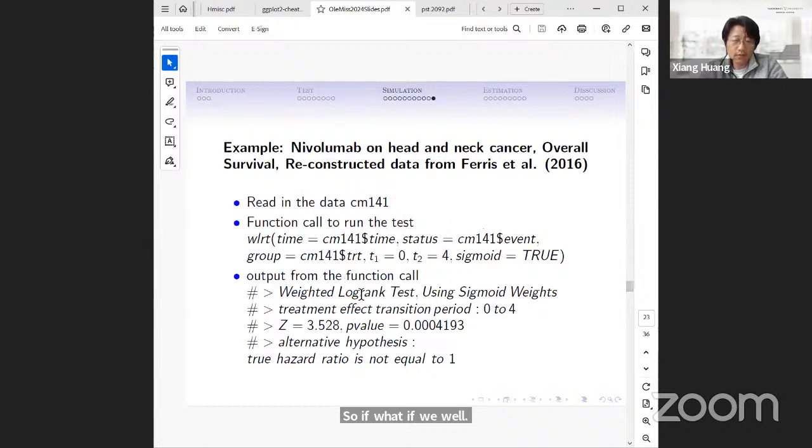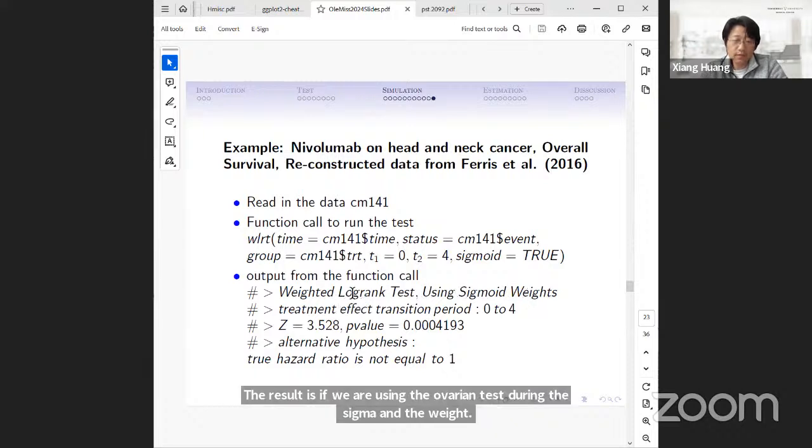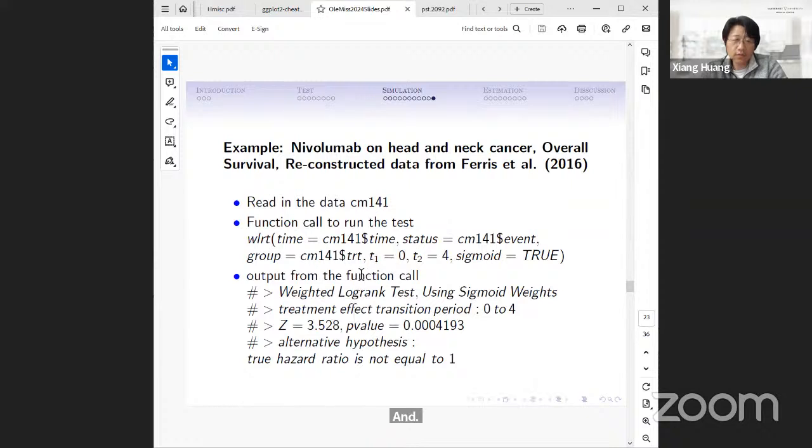The result is, if we use the weighted log-rank test with the sigmoid weight, and suppose we use the transition period from 0 to 4, our weighted log-rank test gives a p-value of 0.0004.